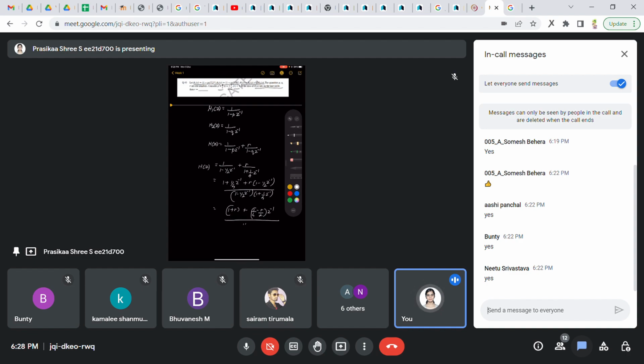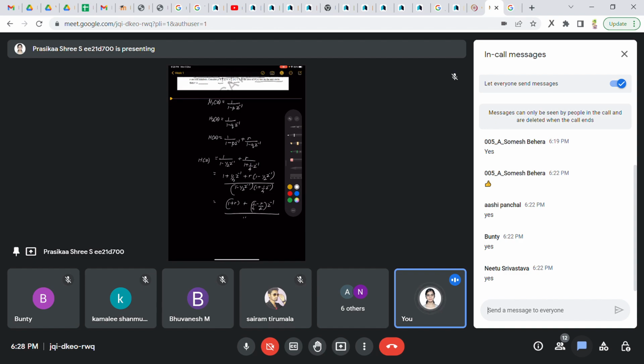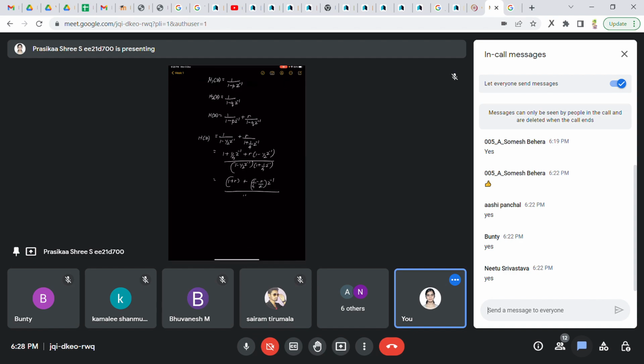Divided by some denominator. Do not worry about it because the next part of the question only involves the zeros, right? So they say that the zeros of h of z lie on the unit circle. So that means the root of this equation is nothing but z is equal to 1.